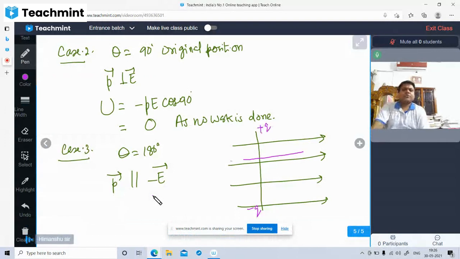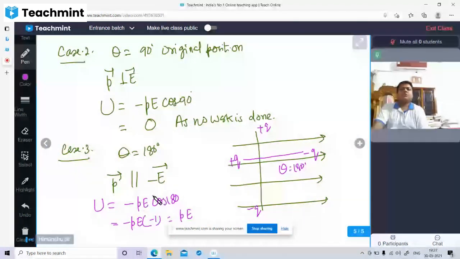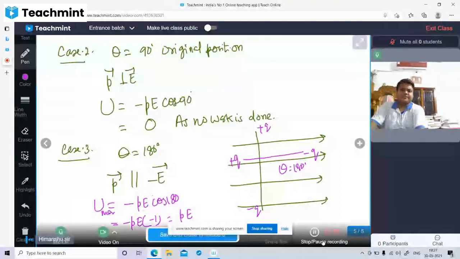So it is plus q, it is minus q. Okay, reversed. So theta is equal to 180 degrees. In this case, U becomes minus PE cos 180. Cos 180 is minus 1. So minus PE into minus 1 is equal to PE, which is the maximum value of the potential energy. Understood?